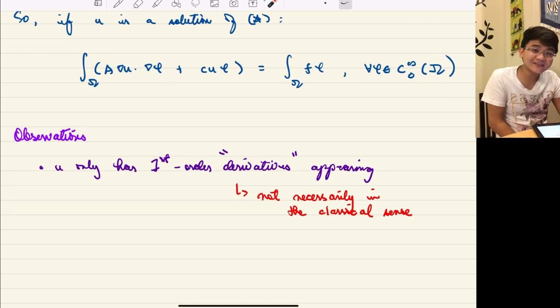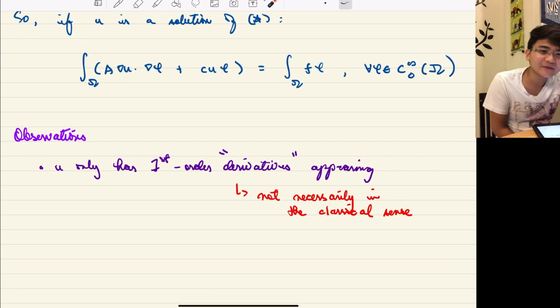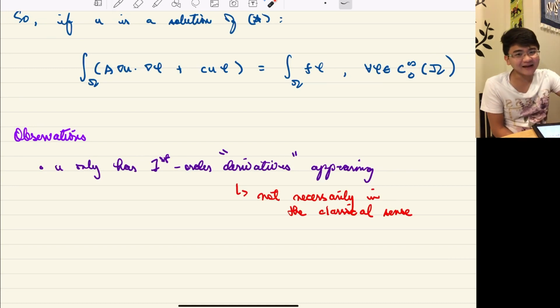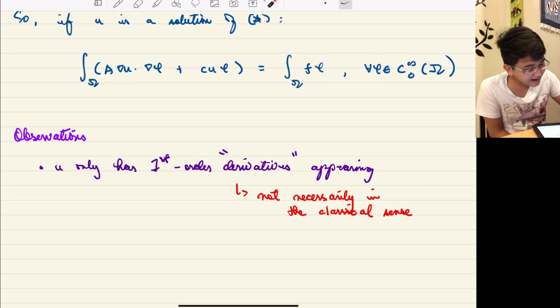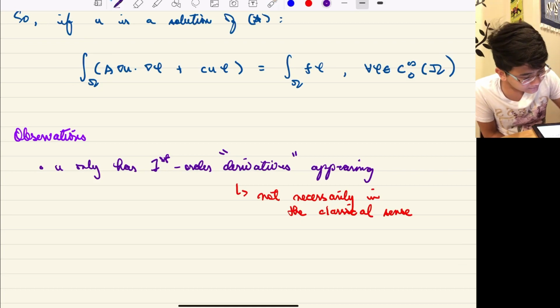And I want to say that these derivatives need not be derivatives in the classical sense, where they're limits, they're slopes of tangent lines, or limits of secant lines and stuff like that. They need not be like that in this case. In fact, this can still make sense even if u only has weak derivatives.